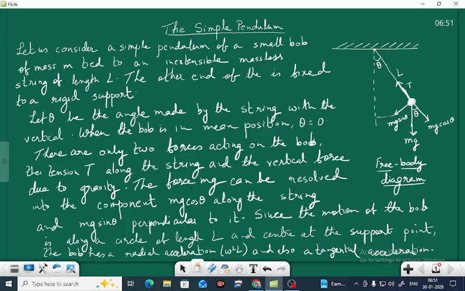So what we get here is that the bob has a radial acceleration omega square L and also a tangential acceleration.